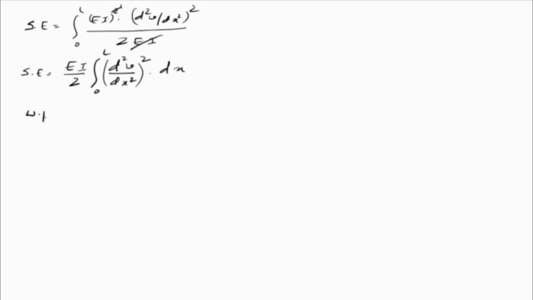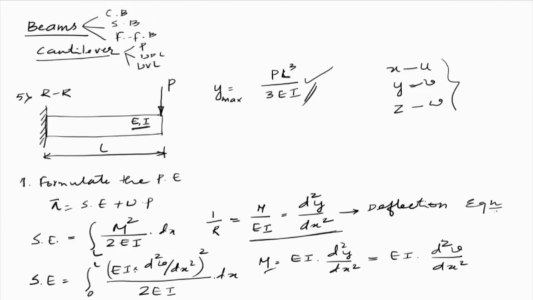Now I have to get the work potential. So what is work potential? It is force into deflection. So let us consider V1 is the deflection which is there at the free end. And work potential is negative, so I'll put a negative sign. So this is my equation number 2 and this is my equation number 3. And this PE function is my equation number 1.